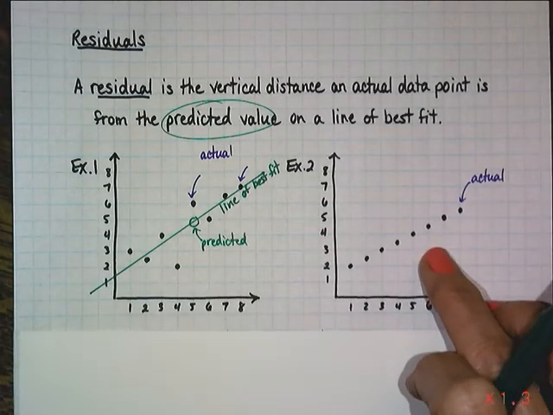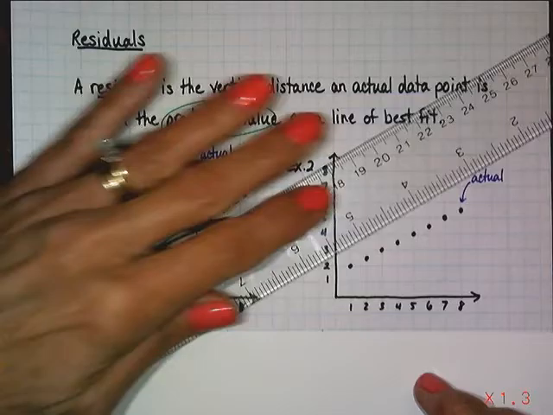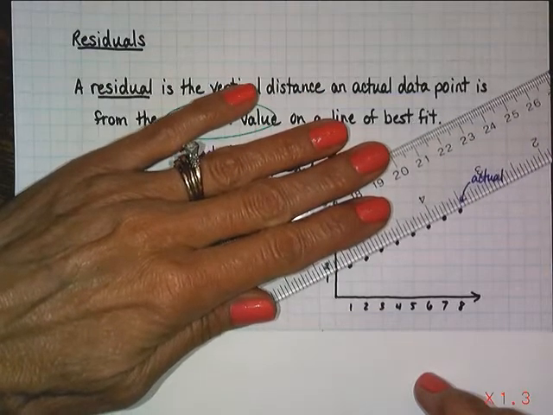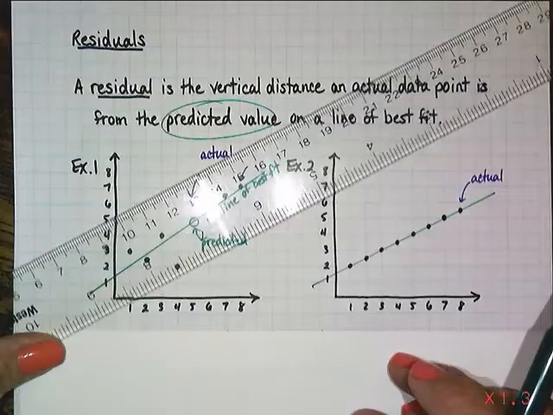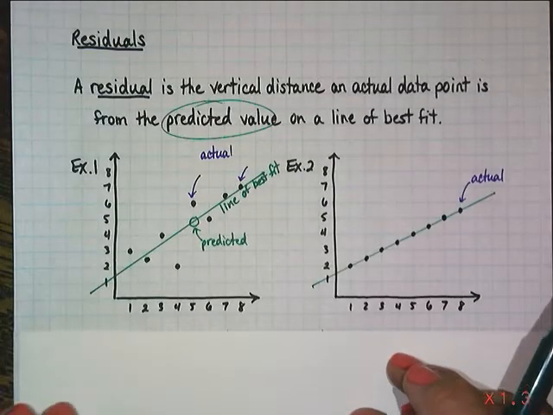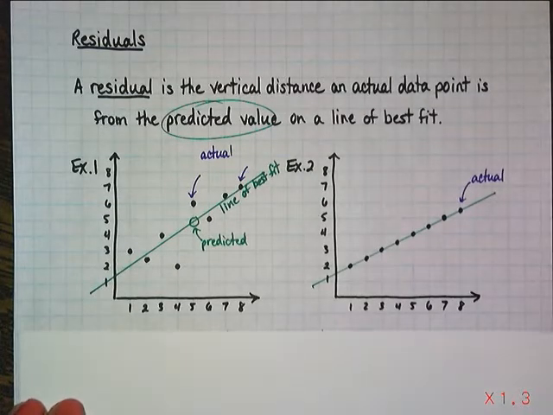Now I'm going to draw my line of best fit in the second example, and you're going to see that my line of best fit is going to hit every point. Now I did this on purpose because I wanted you to see something with respect to the idea of a residual, a leftover amount from the actual data points to the predicted data points.